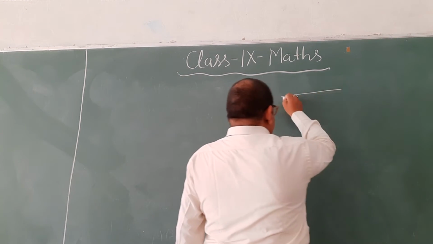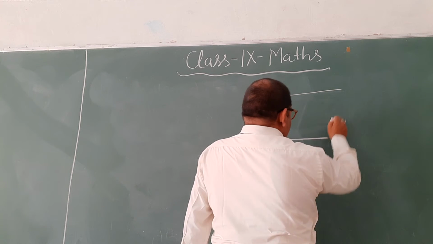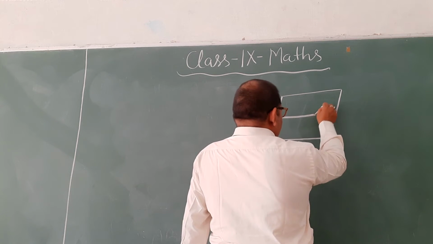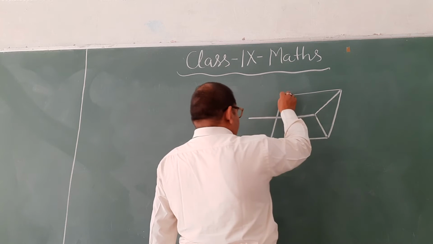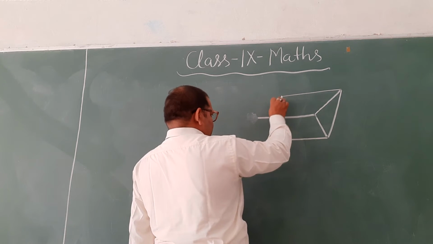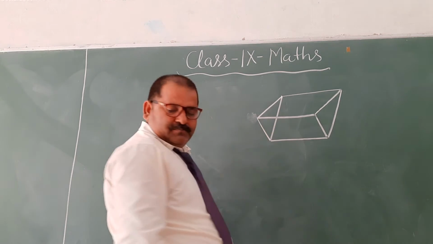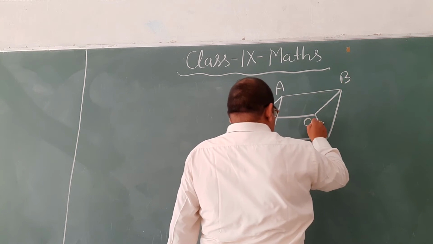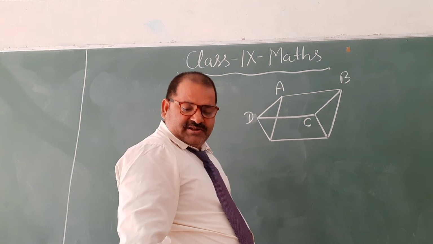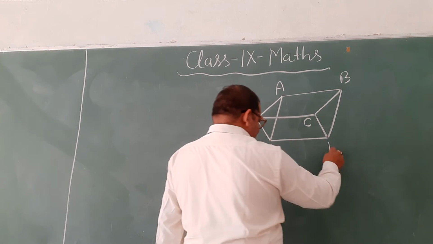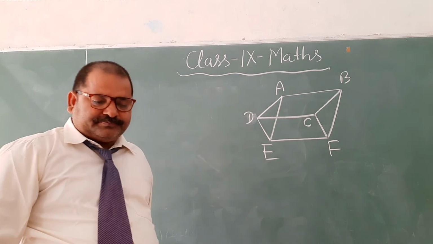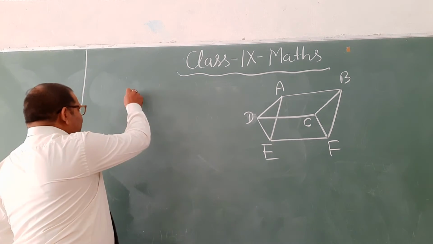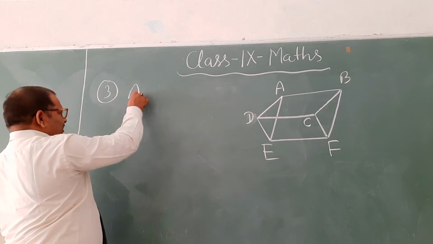Now the figure: A, B, C, D, E and F. ABCD is a parallelogram.